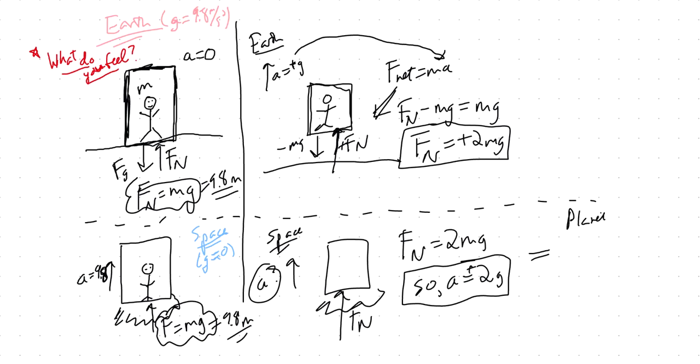You're just standing there in a closed box, and the acceleration of gravity is 2g. Call it g2, planet 2, downward, at 19.6 meters per second squared.